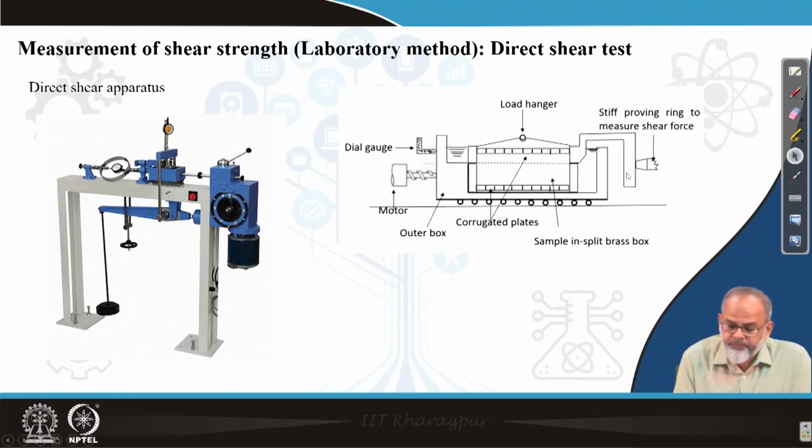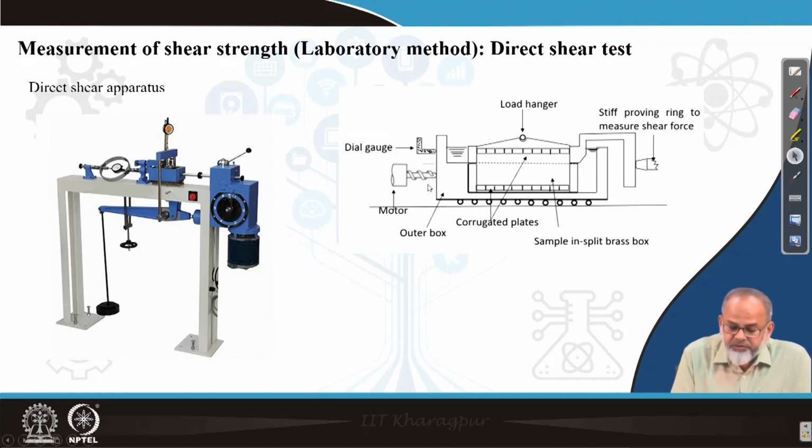Then we apply a force with the help of a motor. By switching on the motor, a force is given to this lower box, and this is transmitted to the upper one, and the resistance is measured with the help of a dial gauge which is mounted on the right corner.